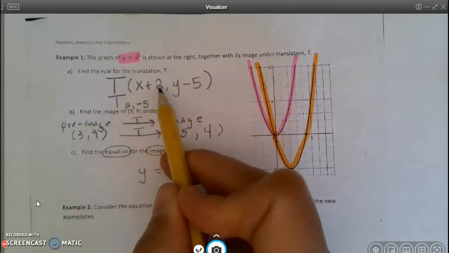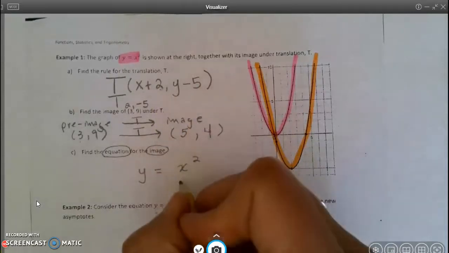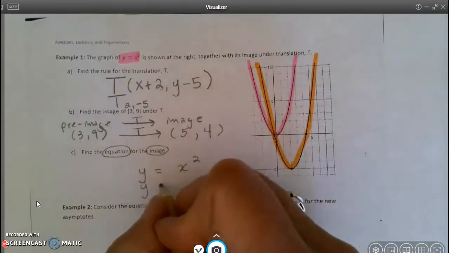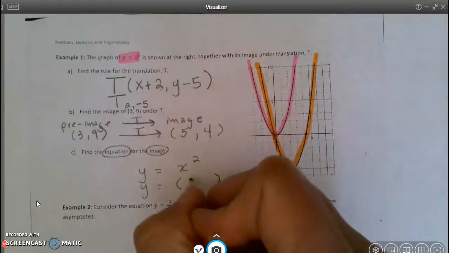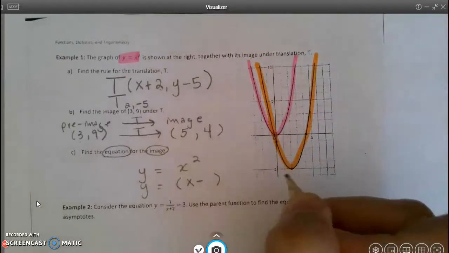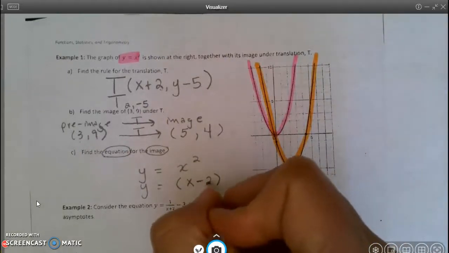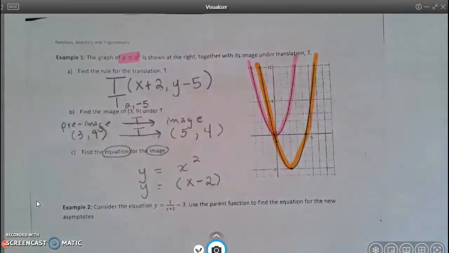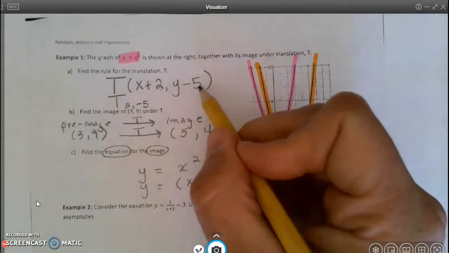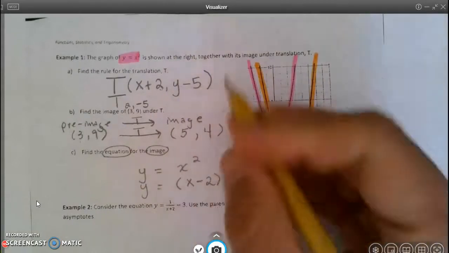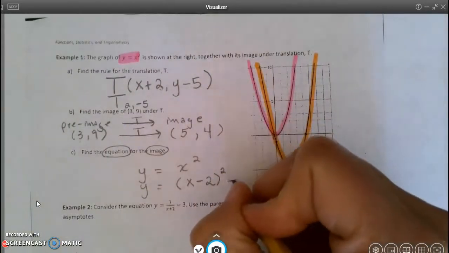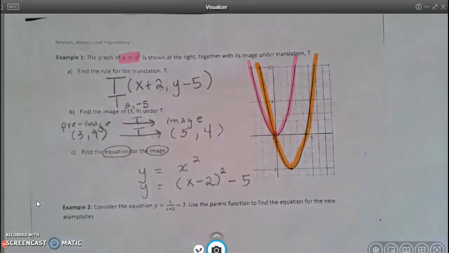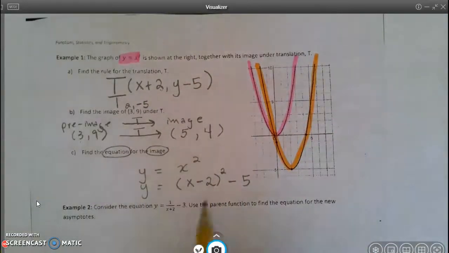But remember, the equation lies, so the x is going to have x minus 2. And then it says subtract 5 from the y. So that's minus 5.